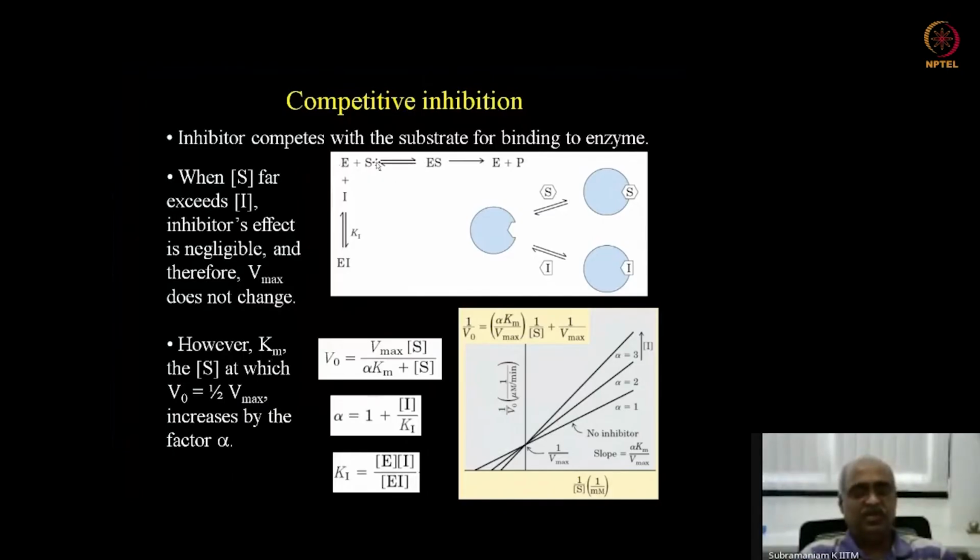So if an enzyme is bound with substrate, then it doesn't bind a competitive inhibitor, because both S and I are competing to bind with E at the same place, the active site. Due to this, if you have a certain substrate concentration and you increase I, then ES formation decreases.